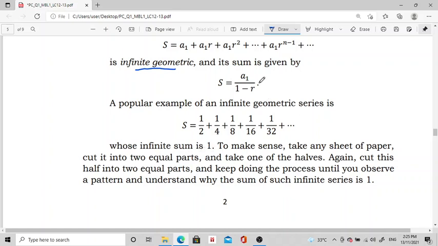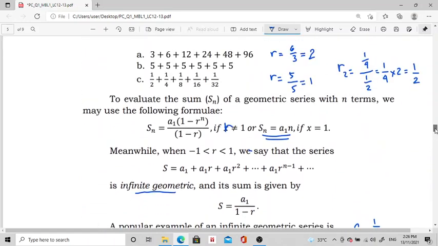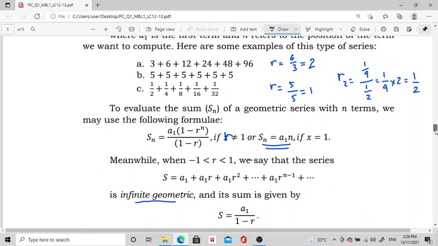Kasi pag ginamit natin itong formula, that is to divide yung first term, which is 1/2, by 1 minus r. So, 1 minus, ano nga ba ang ratio dito? So, na-encounter natin yan kanina, at sabi natin ang ratio ay 1/2.